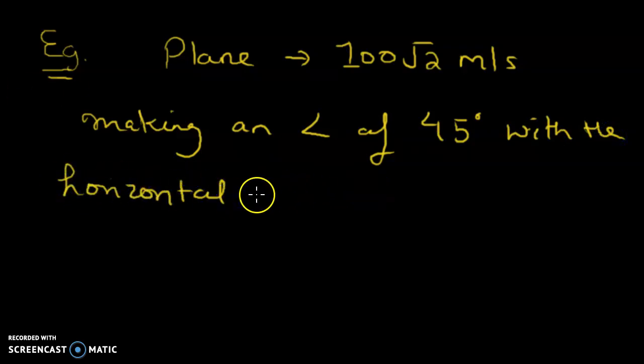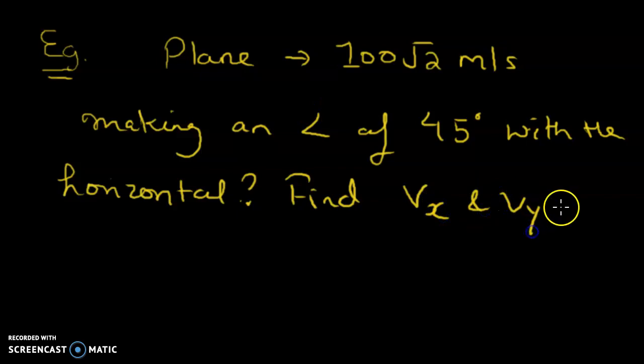So what you need to do, find its x and y component, find its perpendicular and parallel component, or what I mean to say, find velocity x and y component. We just need to find that.